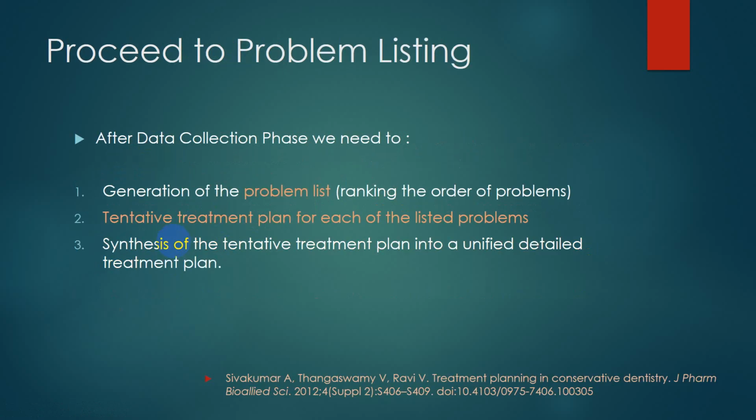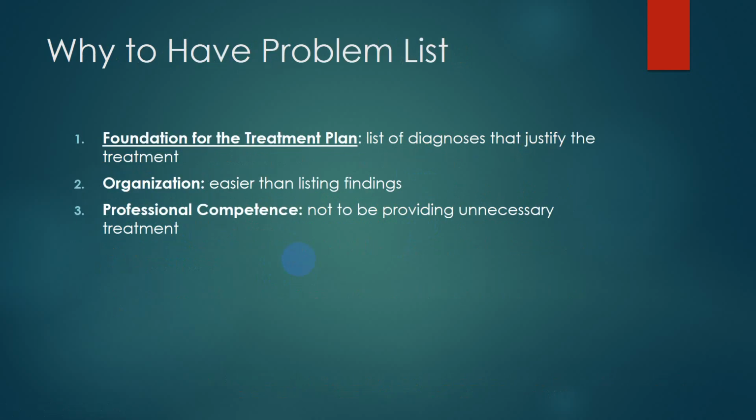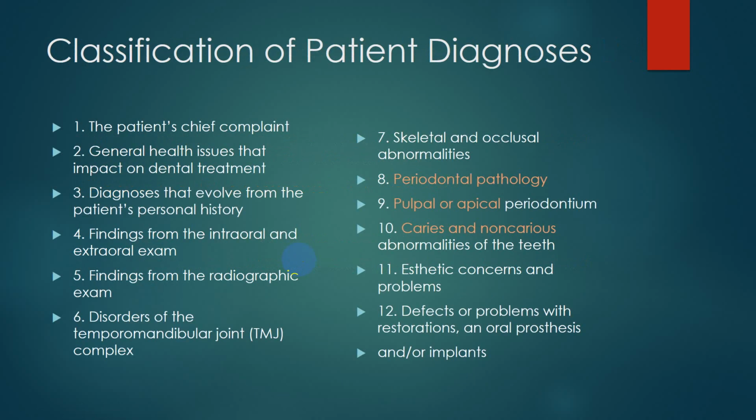Okay, let's go back here and talk again about the problem listing. We have to list them by priority, starting with the diagnosis of the chief complaint of dental pain, and then we can list according to priority. We have guidelines for problem listing. We will talk about them here.